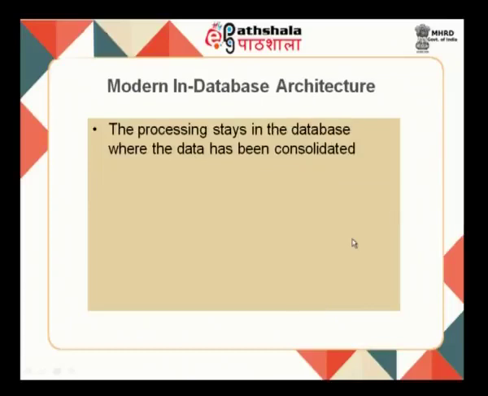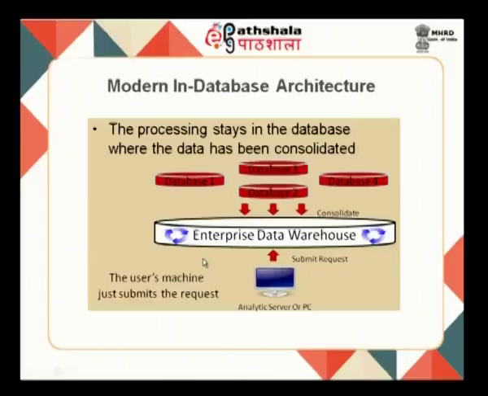In modern database architectures, though data are available in different data sources, the data are pulled from such sources, then processing happens, and then all these data are integrated and the final quality data will be held in a consolidated fashion in some common storage. For example, it can be an enterprise wide data warehouse.